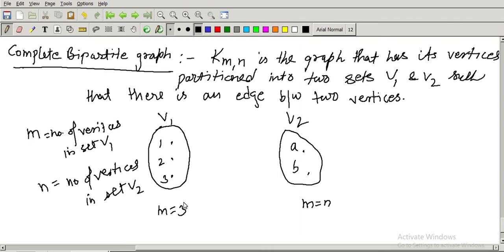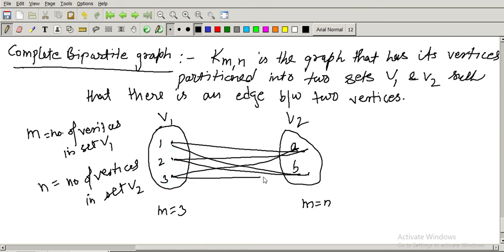These are partitioned into two sets V1 and V2 such that there is an edge between two vertices. So 1 is connected to A and B, 2 is connected to A and B, 3 is connected to A and B. So this is your complete bipartite graph.